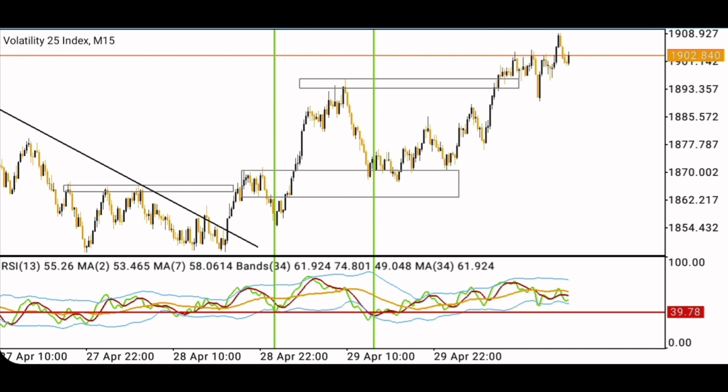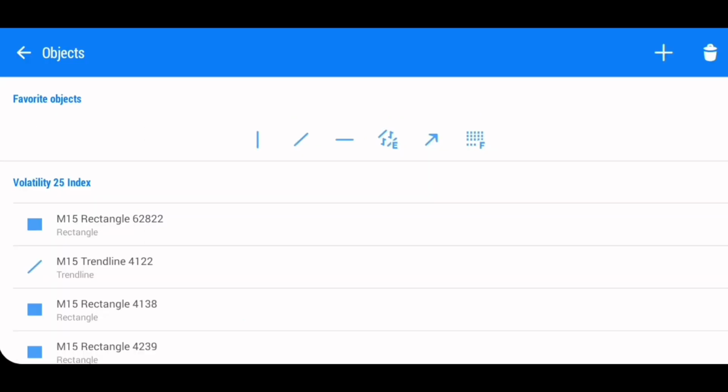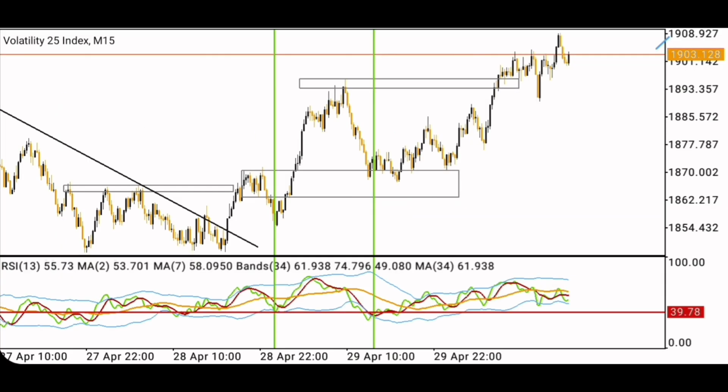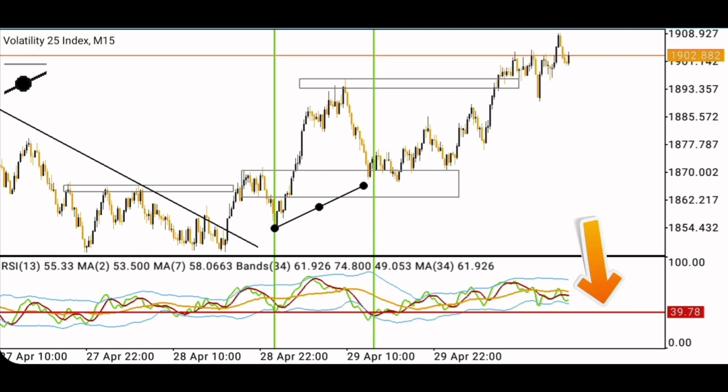The third check is that after the green moving average has moved out of the blue bands, you have to make sure that the same green moving average has crossed below your red line. That is the red horizontal line that you have drawn on your RSI indicator.